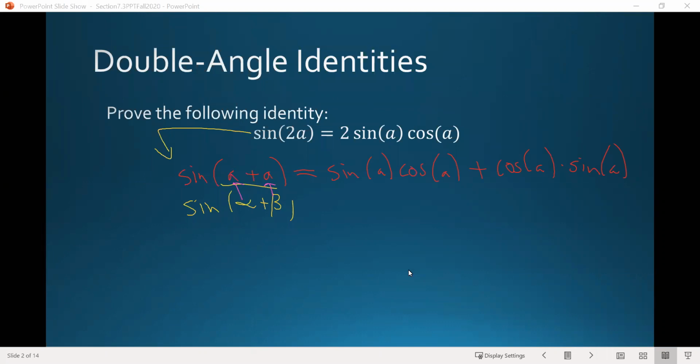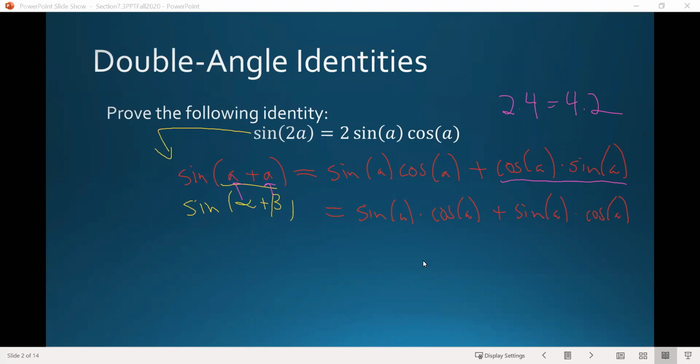And then in our second term, this cosine times sine, recall that you can do multiplication in any order. 2 times 4 is the same as 4 times 2. So therefore I can rewrite that. Instead of cosine times sine, I can write it as sine times cosine. So this will now become sine of a times cosine of a plus sine of a times cosine of a.